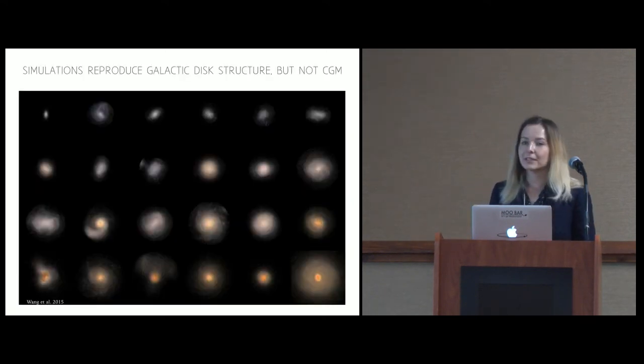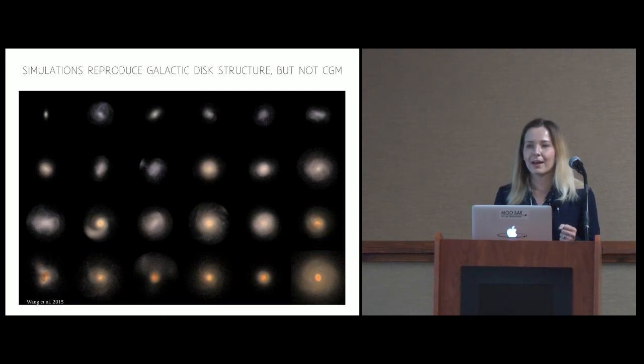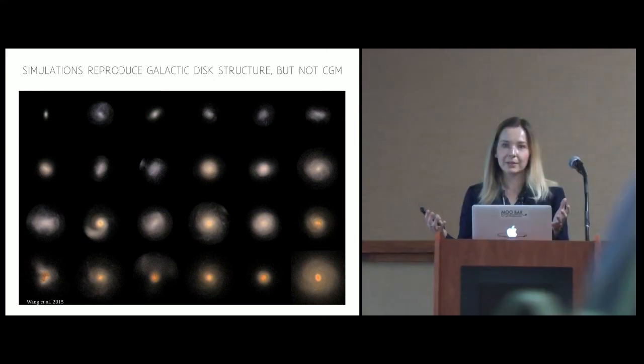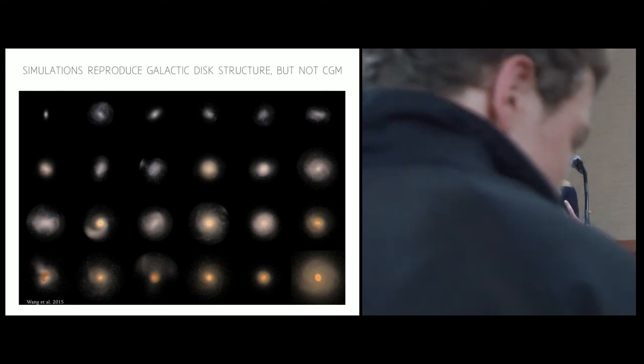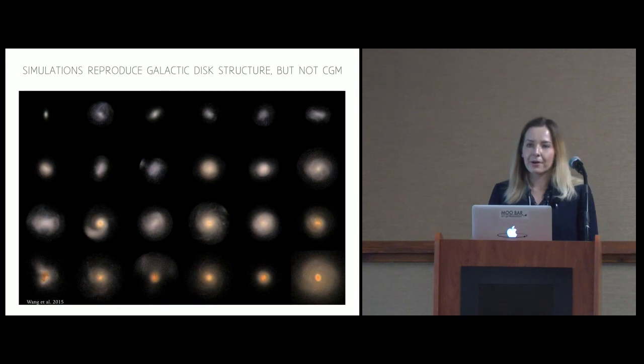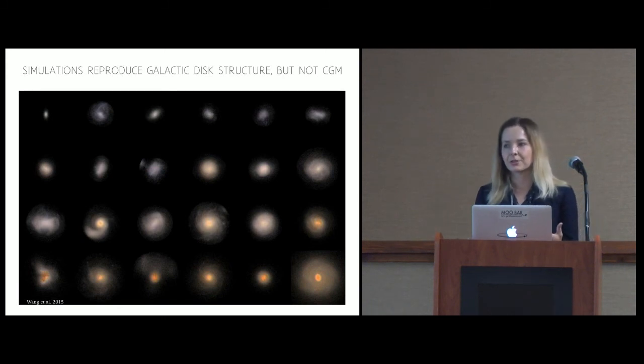Simulations so far have been really good at reproducing galactic disk structure. These are all examples of lots of different types of simulated galaxies, over a large number of different masses. And the bread and butter of reproducing the galactic disk structure is thermal supernova feedback.